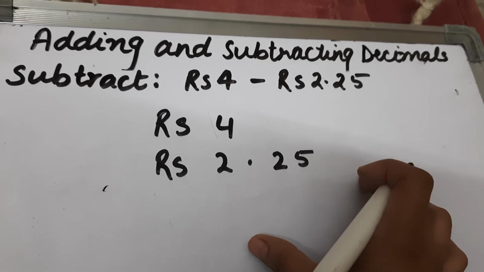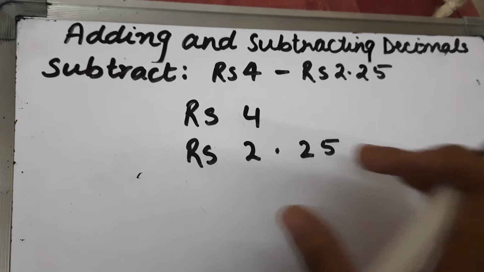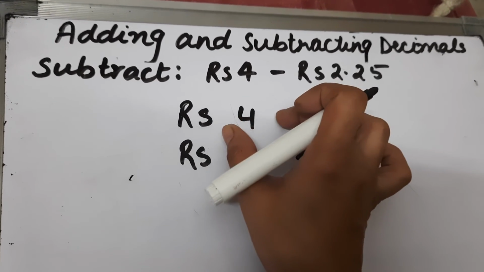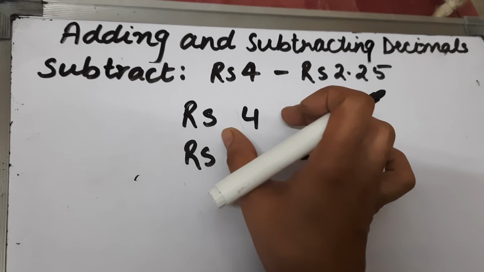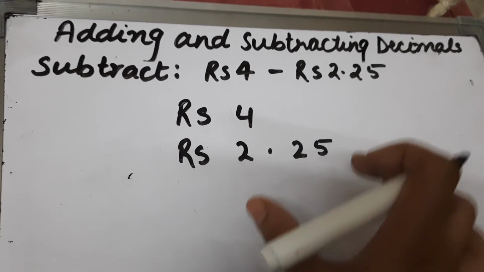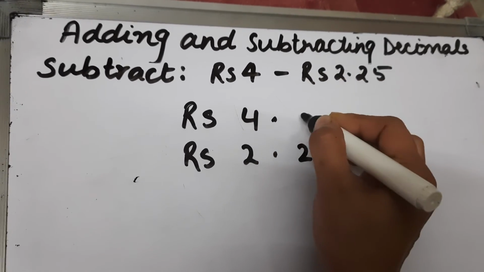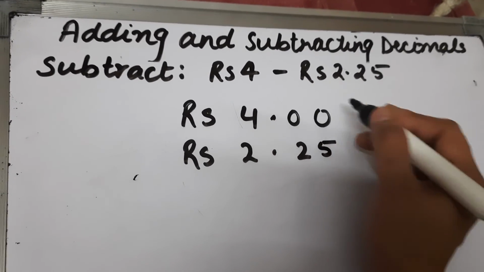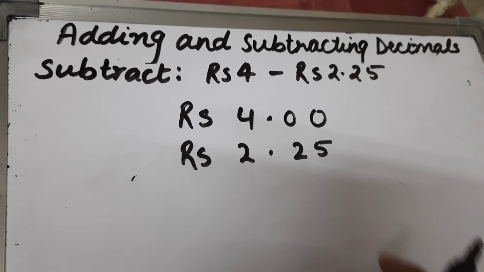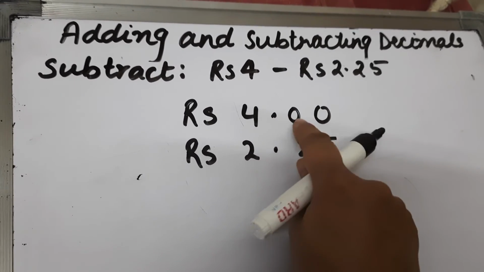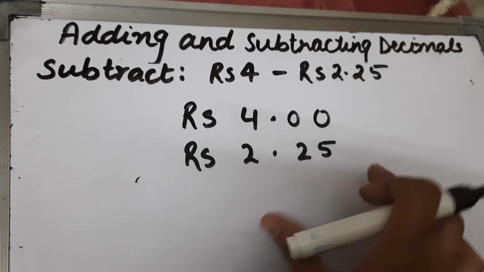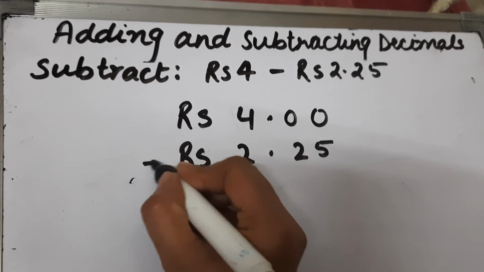I have explained earlier that the larger number should have at least the same number of decimal places as the smaller number. So we will convert it into an equivalent decimal by placing zeros. So this will be 4.00. Zeros after the decimal do not make any change in the decimal fraction, so we can put zeros here.